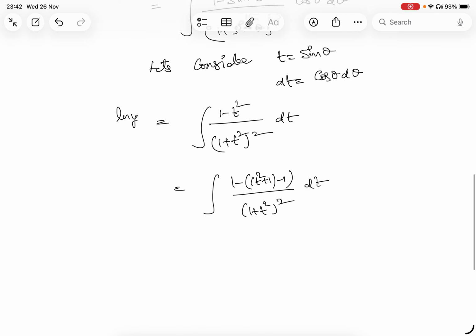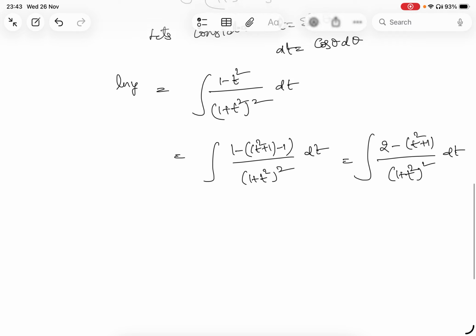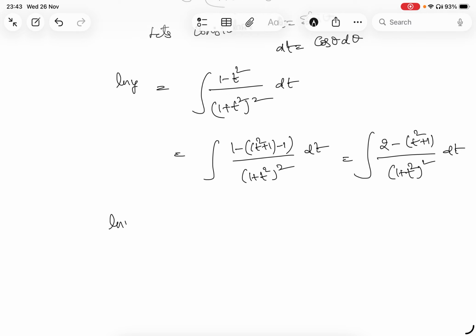So now this can be simplified as 1 plus t square whole square dt. Now this becomes 1 minus of minus 1, which is plus 1, which is 2, minus of (t square plus 1). Fine.